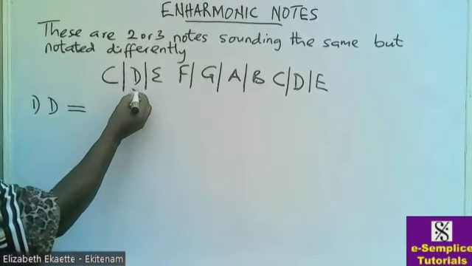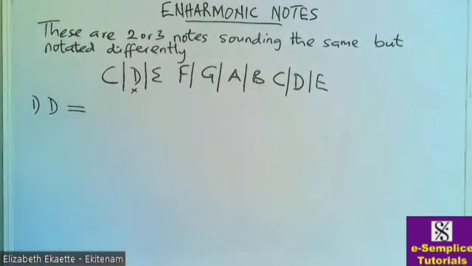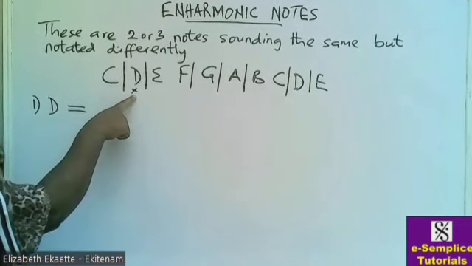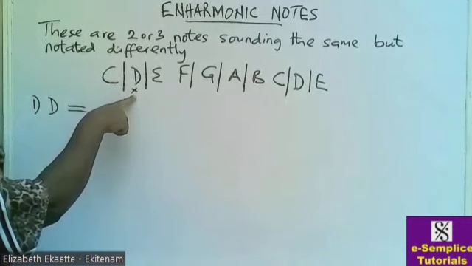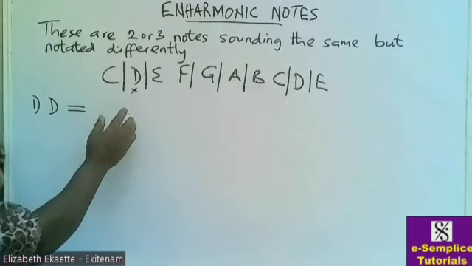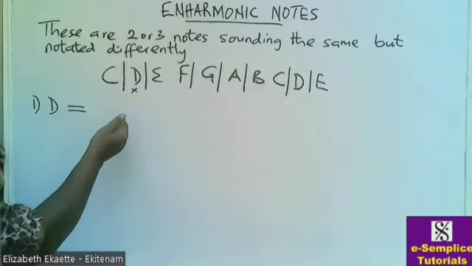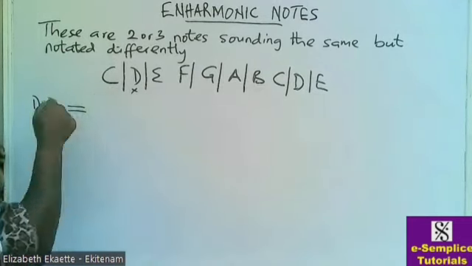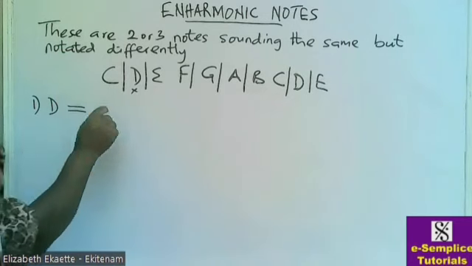The first thing is that you mark D on the keyboard. You can mark any D. We are looking for 2 more notes that will sound exactly like D. The best way is to approach it in 2 ways. Approach it from this side of D, approach it from this side of D.